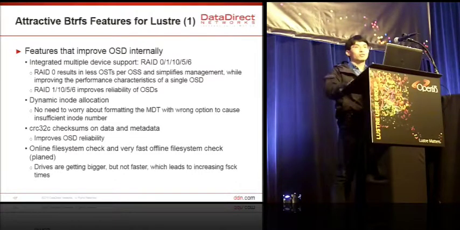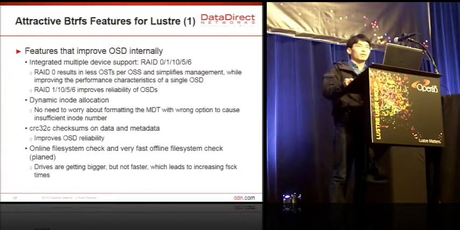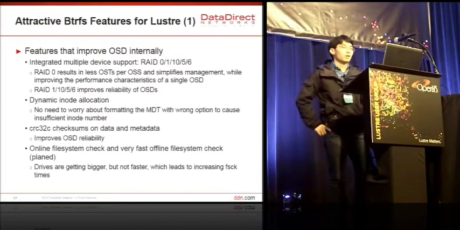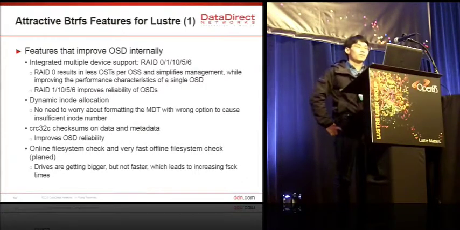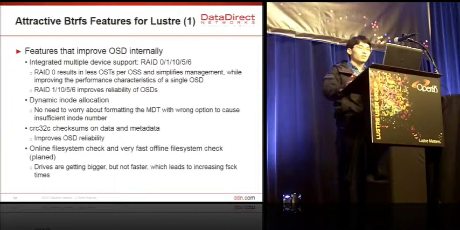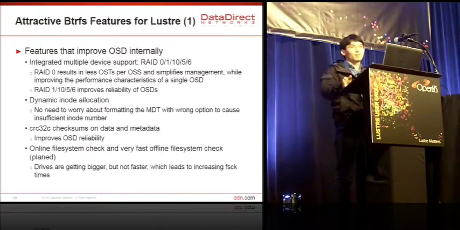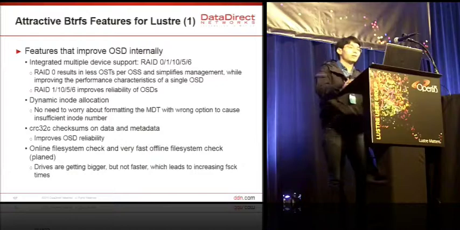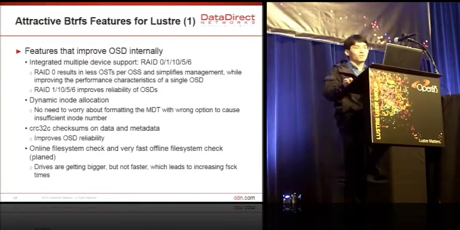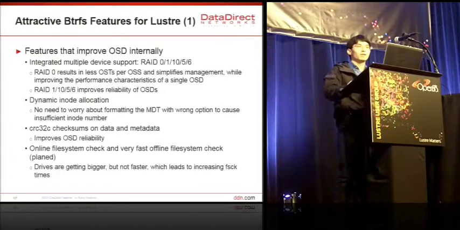And Btrfs can calculate checksums of both data and metadata, so that could improve the OSD reliability. What's more, Btrfs can do online file system check, and it has a very fast offline file system check. It is important because drives are becoming very big, but not much faster. So this will lead to increasing fsck time.